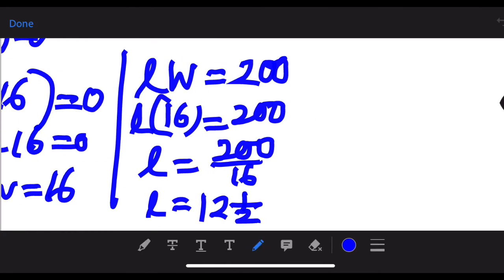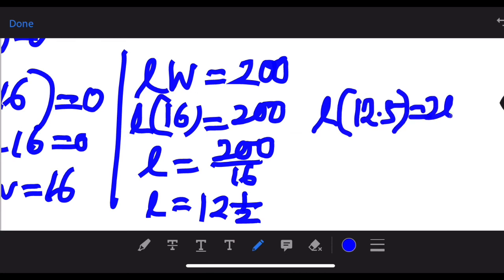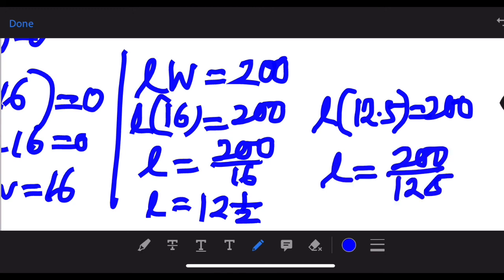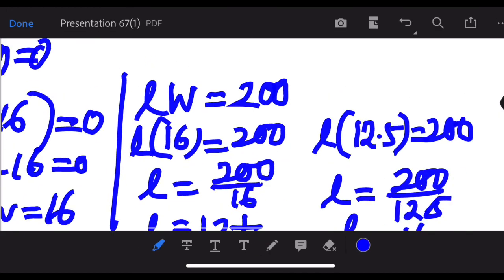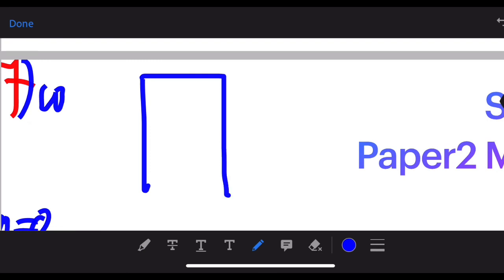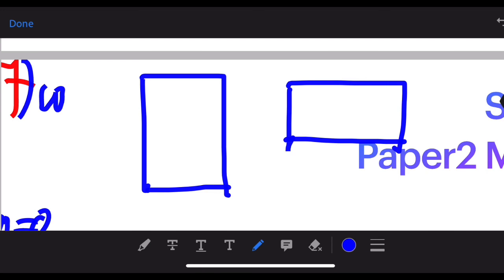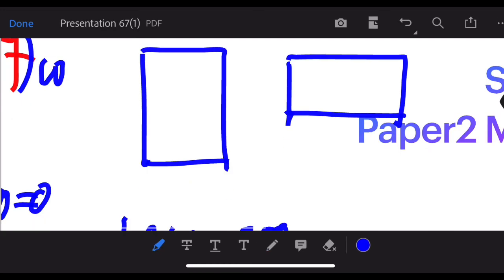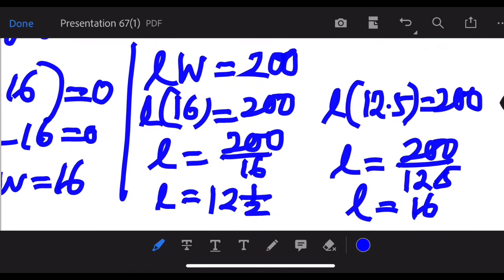If you are using 12 and a half for W, the length is 200 over 12.5, which is 16, right? So it can be either a rectangle in this shape or in this shape. There are two possible shapes, and the area is still 200.